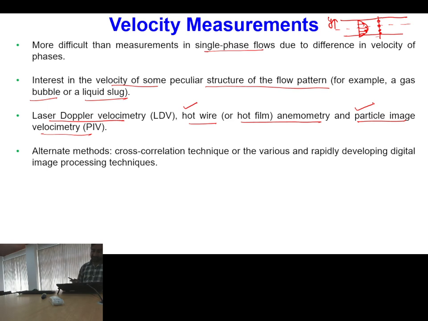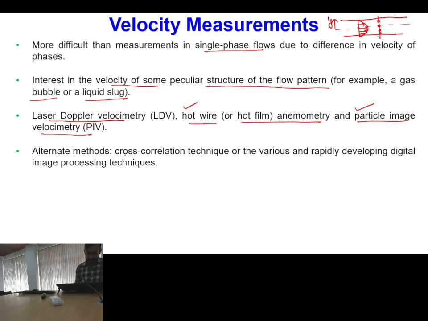Other than these methods, and I am naming these because these are the standard methods which, even if you are talking about single phase flow, you might have heard of, certain alternative methods are also there which can be utilized for measurement of velocities in multi-phase flow.